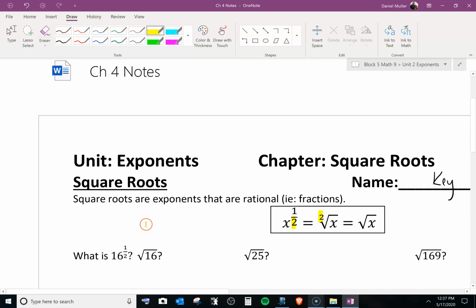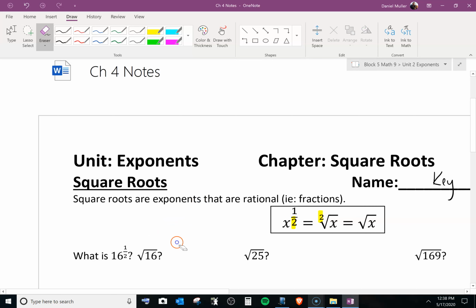If I asked you for the cube root, or x to the power of 1 over 3, I would write that as the cube root of x. Because of the 3 on the bottom, there's a 3 right there. If I had x to the power of 1 over 4, I would write the 4th root of x, the 4 and the 4.